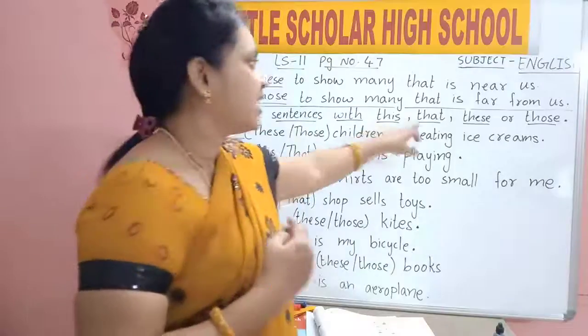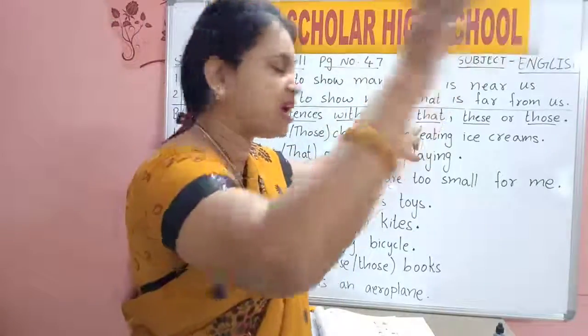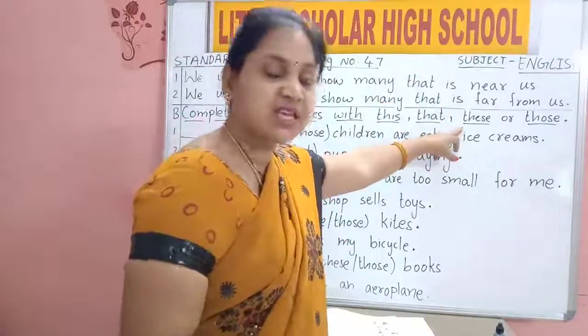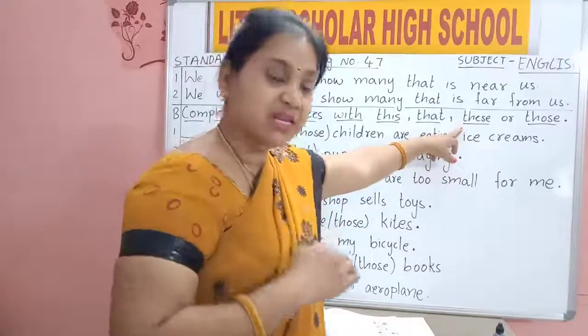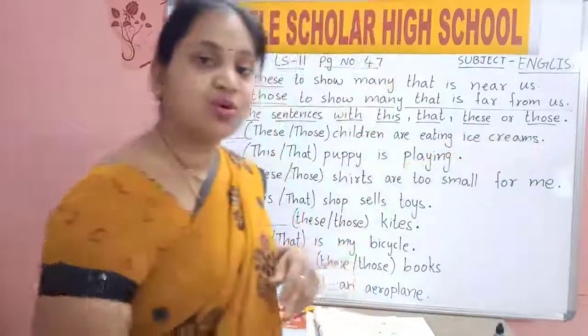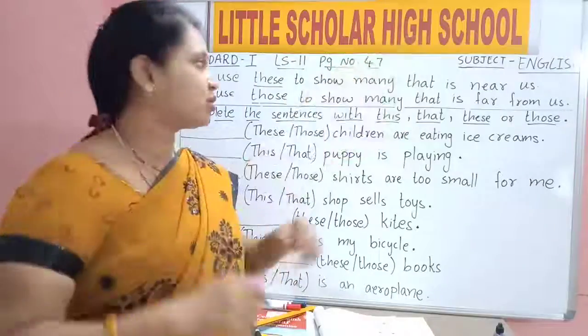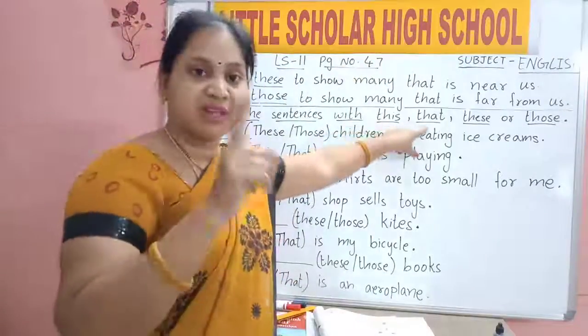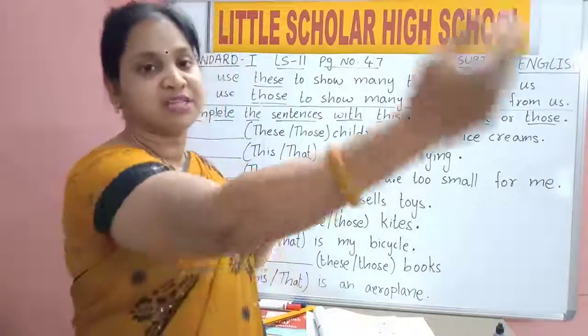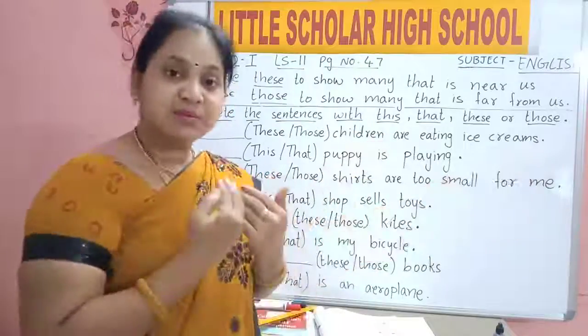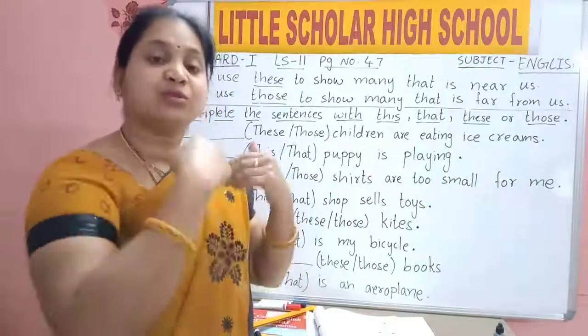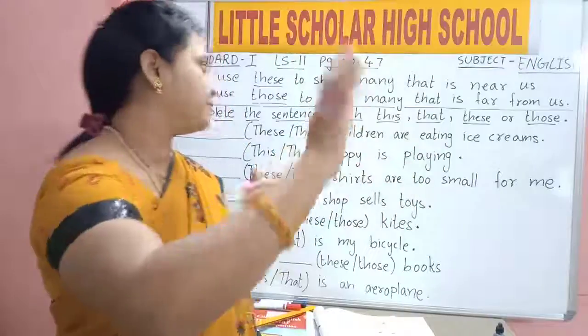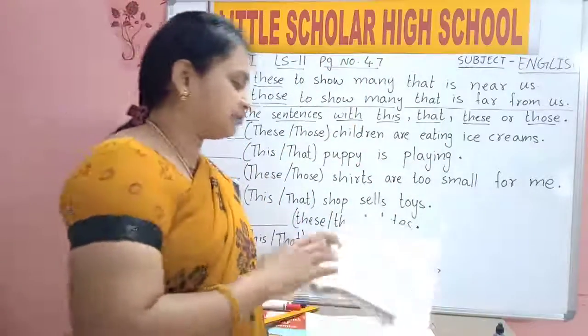This near, that far, these near but many, those far, many. Okay, this, that for one thing. This means close, that means far. These means many, near. Those means many, far. Now we will see the picture.